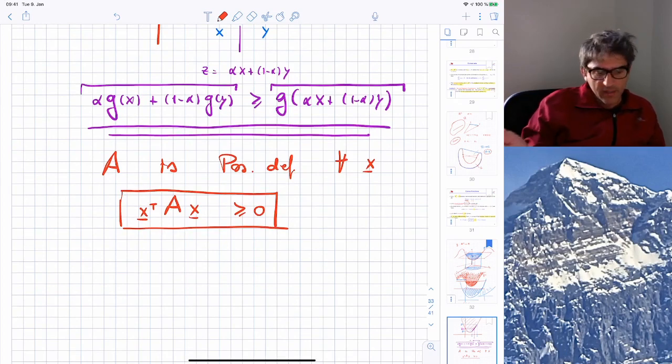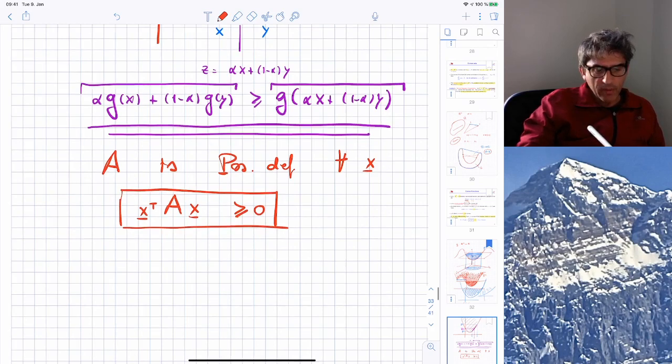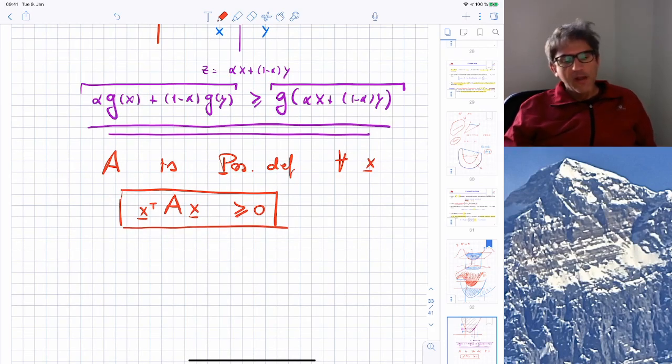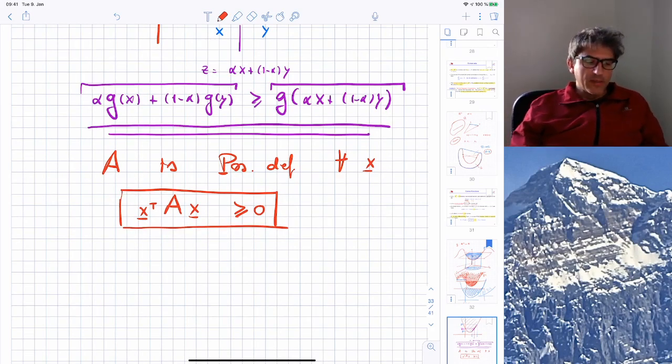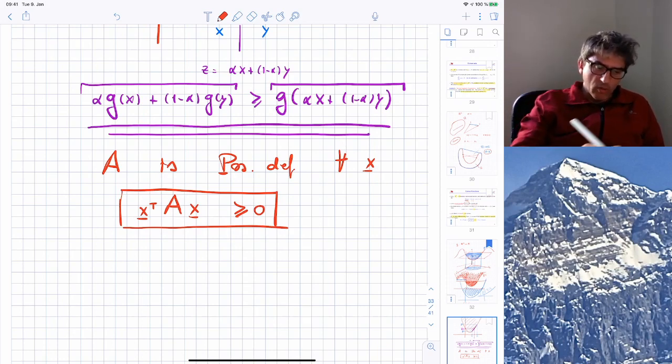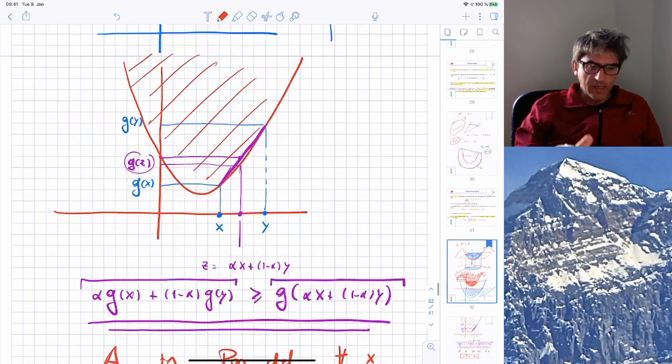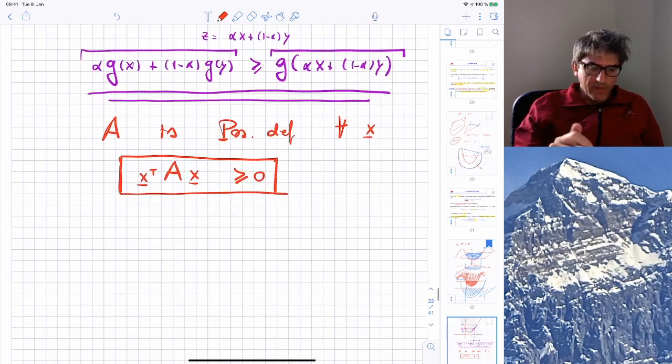Of course, when x is the 0 vector, this thing is 0. When there are non-zero vectors x for which this quadratic form is 0, then the matrix is called positive semi-definite. So we distinguish between strictly positive definite and positive semi-definite, but okay, this is the meaning of positive definite.